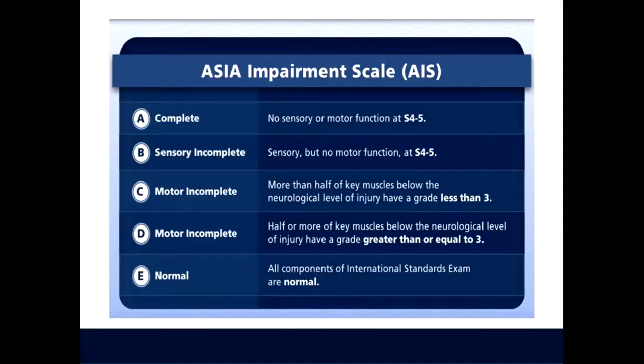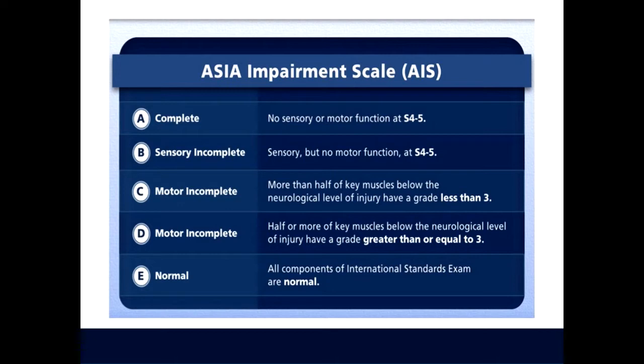This is the grades. If someone ever gave you the choice of what kind of spinal cord injury you want to have, you say D. Doesn't make sense because it sounds like you failed, but you want to be a D. And so an ASIA A is a complete spinal cord injury.